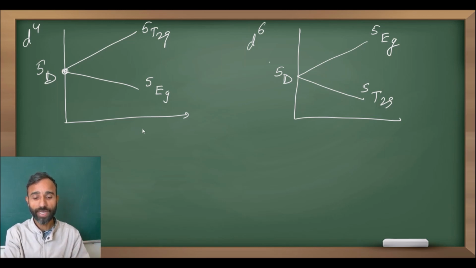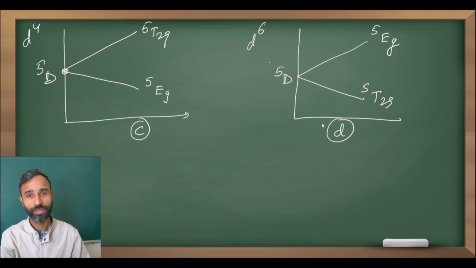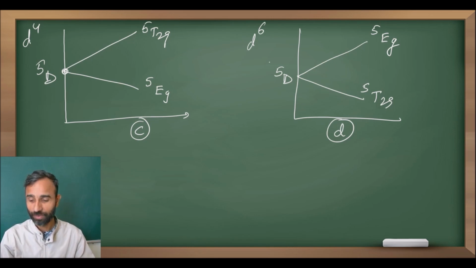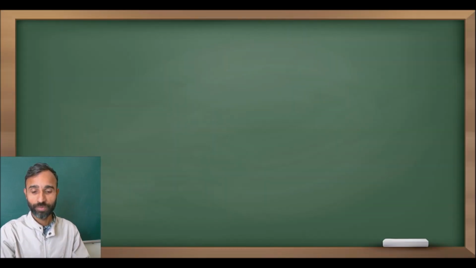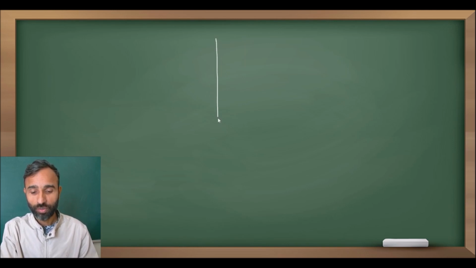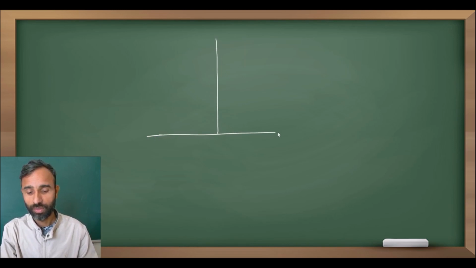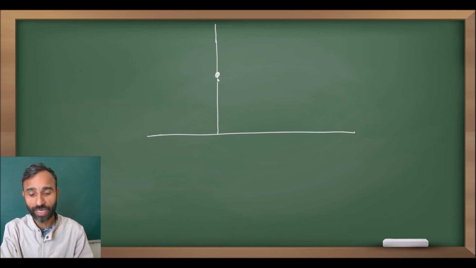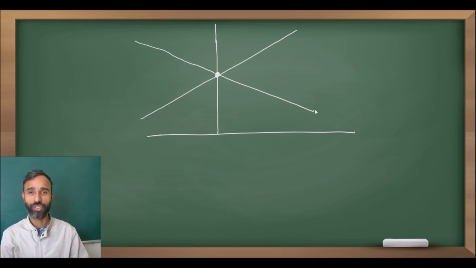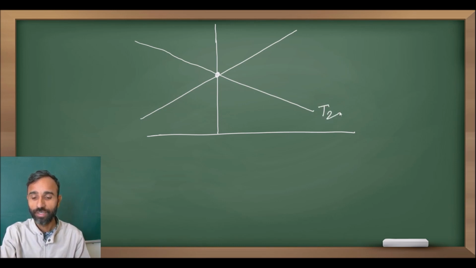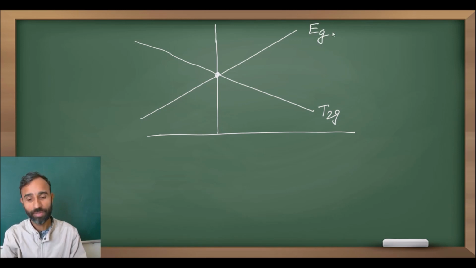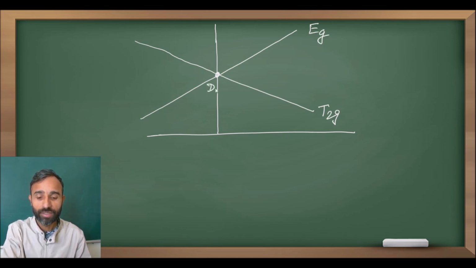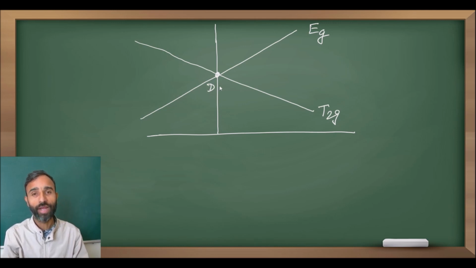So if we combine all of them into one diagram, that is called the Orgel diagram. We keep the free state, that is the D state, at the center and draw like this. It is T2G 2 or 5, EG 2 or 5. This is the D state at the center.